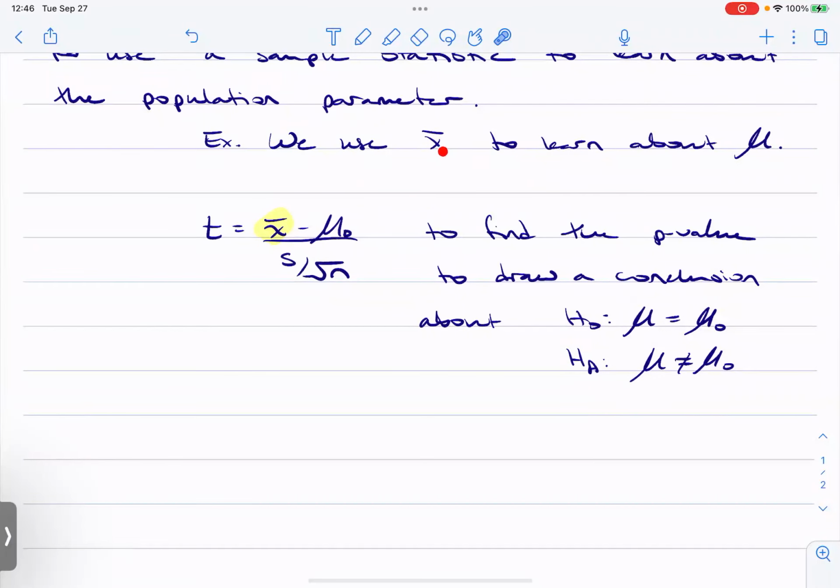So when we use X bar to learn about mu, what we're doing when we use the t distribution, for example, is we assume that it follows the t distribution.